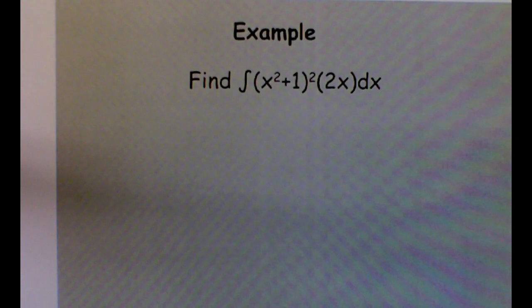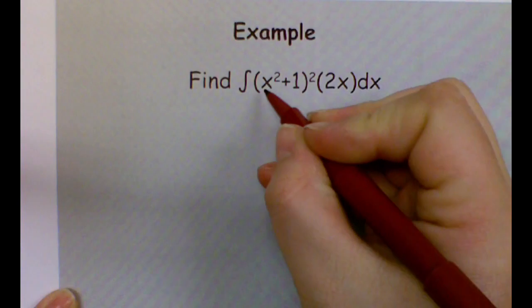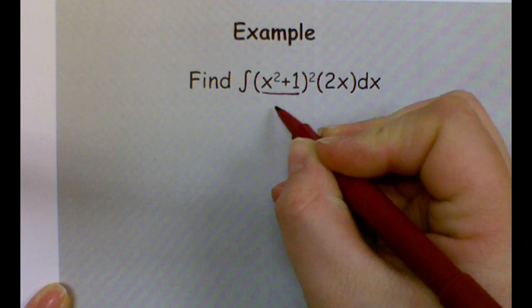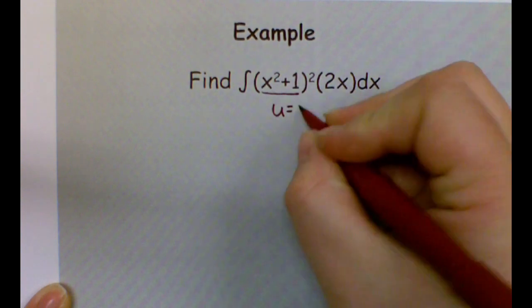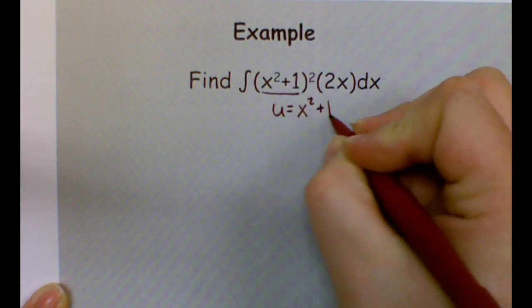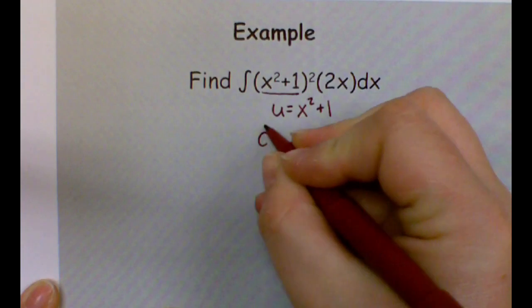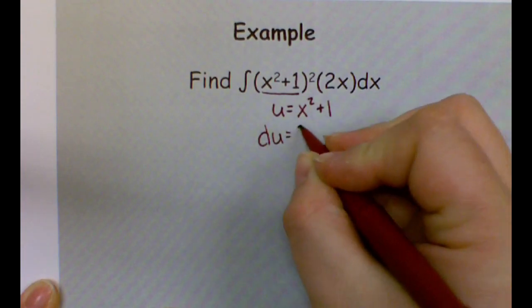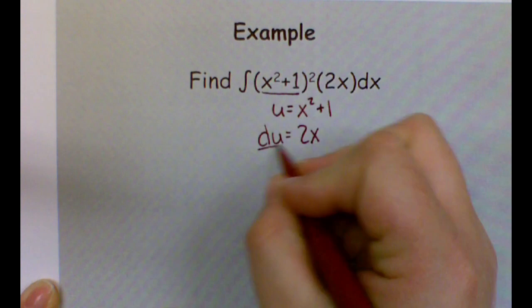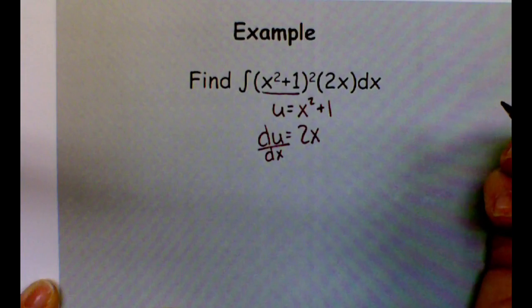So let's try it. To find this antiderivative, it looks pretty wonky. I could multiply it all out and figure it out that way. Or I could say, well, this kind of looks like it could be something squared. So if I called u x squared plus 1, well, the derivative of u would be 2x, du dx is 2x.